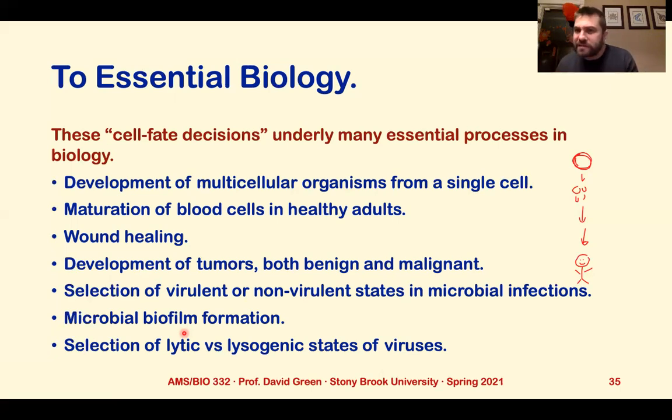Essentially, this ability to switch from a virulent to a non-virulent state is something that is encoded in the bacteria. It's something that the bacteria has a capability of, and some mutations make that transition easier to happen than others.